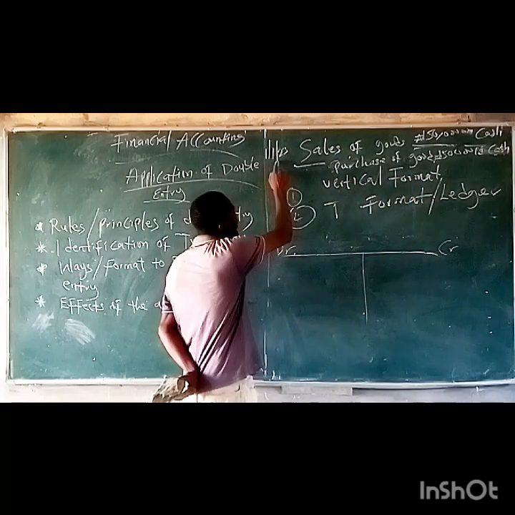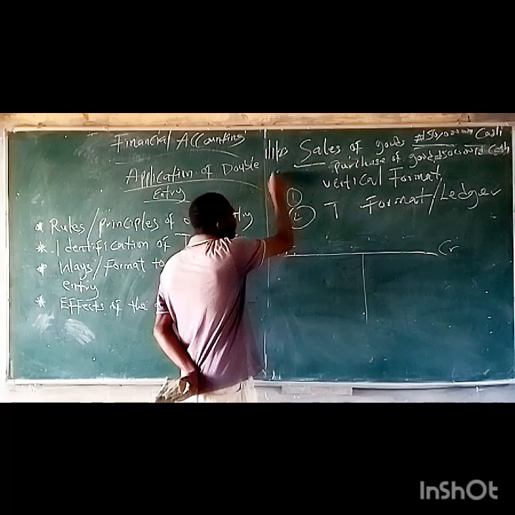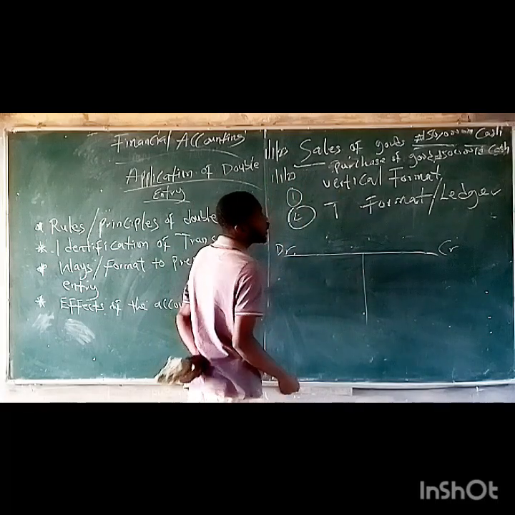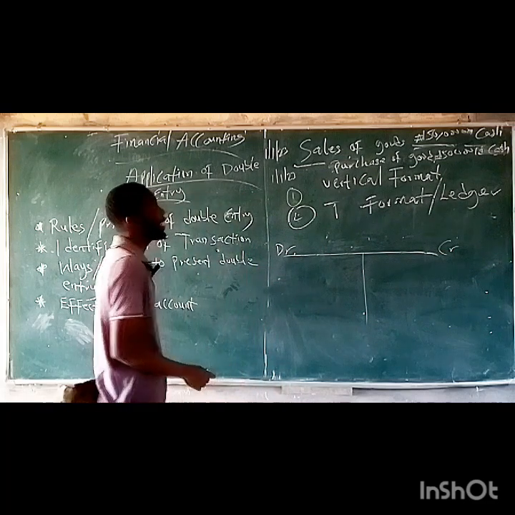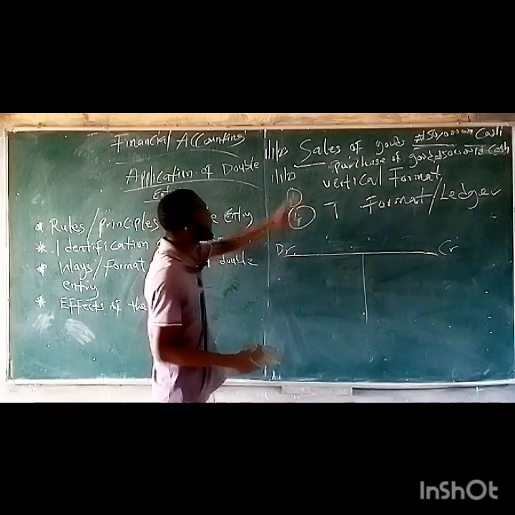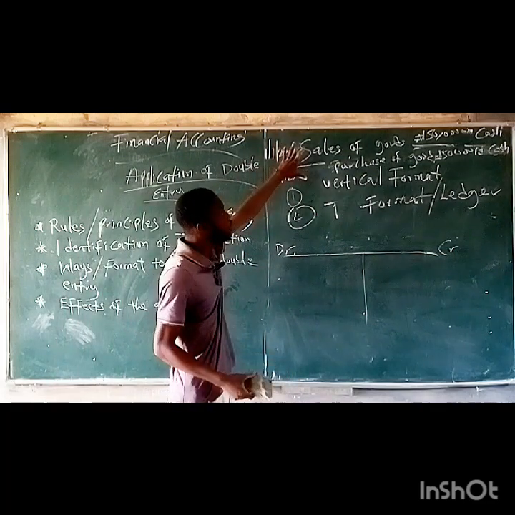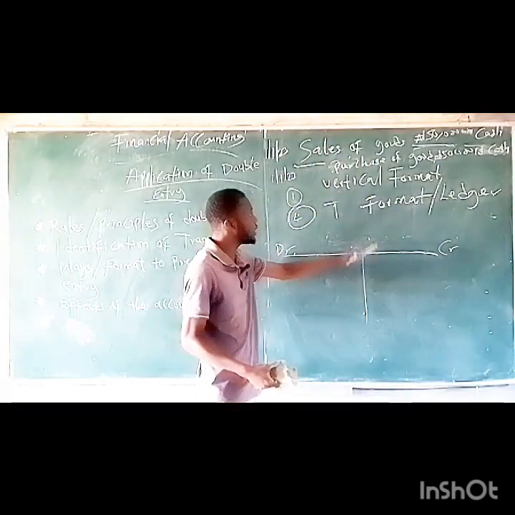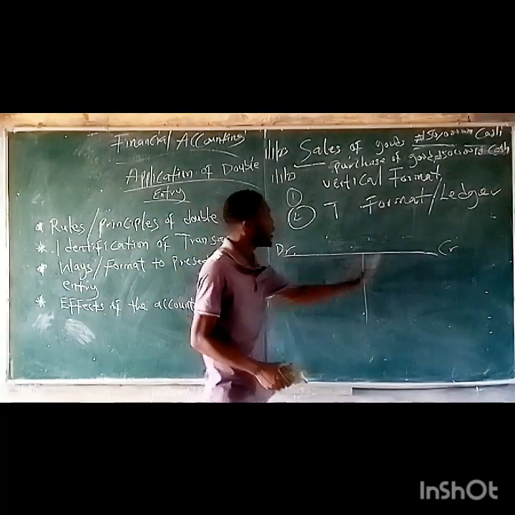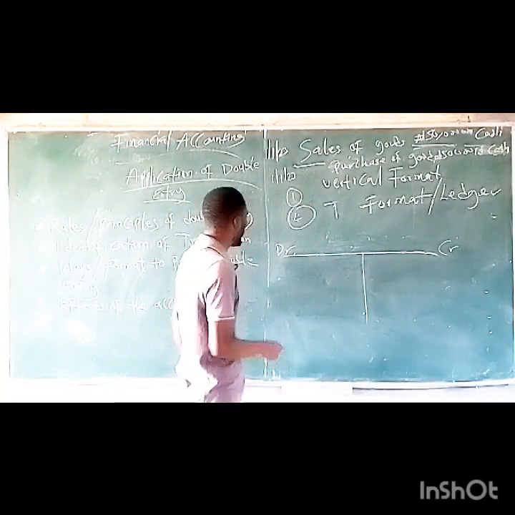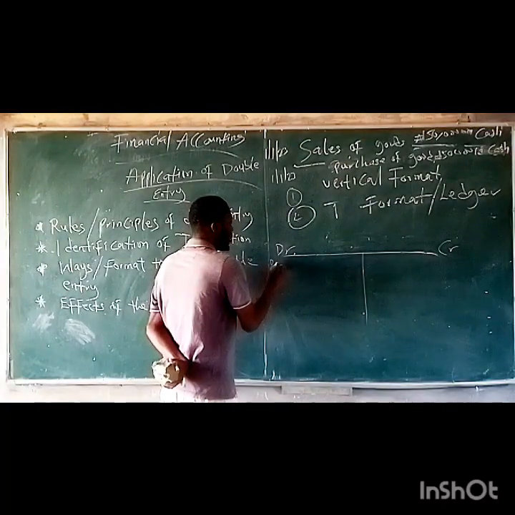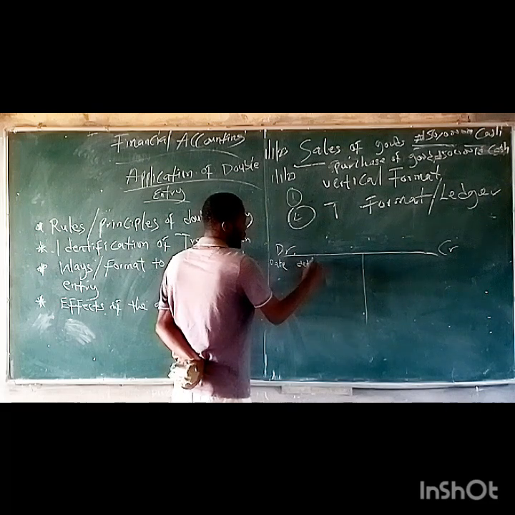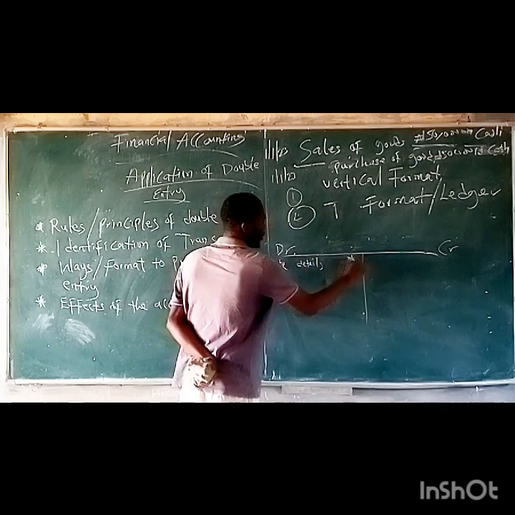That's the first one, on that same date. Then that same date again, purchase of goods, 50,000 naira in cash. So I'm going to apply the double entry principle with this illustration using the T format. Now we have the debit, then we have the credit. Then we know that here is going to be our date and details, then the amount.